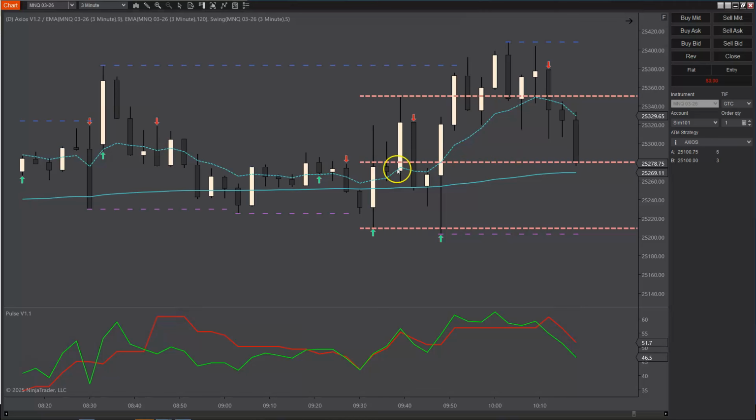And now we're left with a 9 EMA and a 120 EMA. And these are going to be used for entry filters and targets, actually. Our stop is always 300 ticks, no matter what.